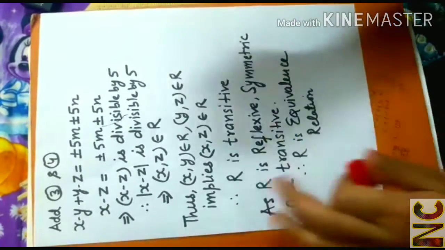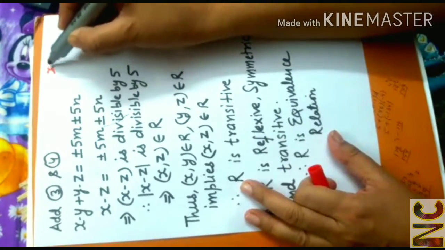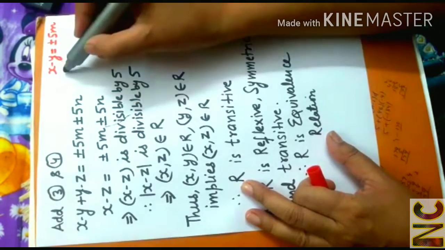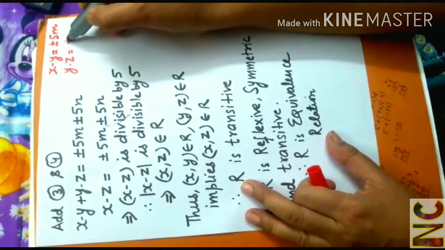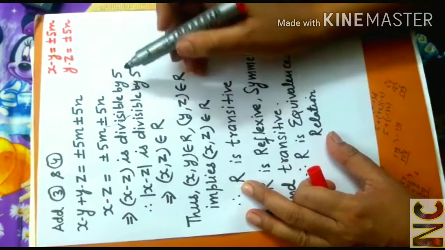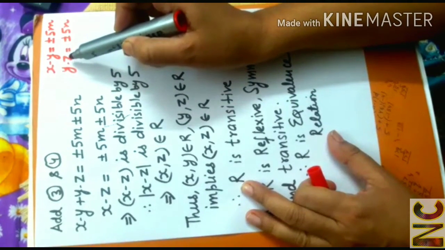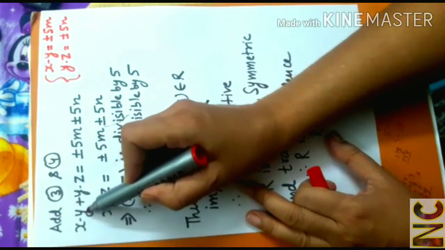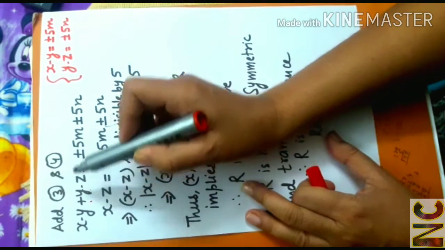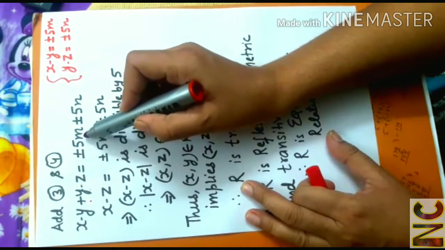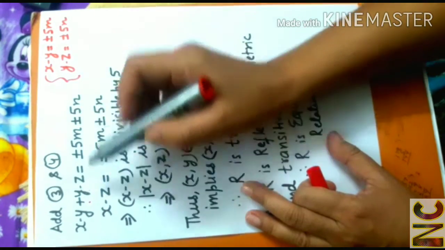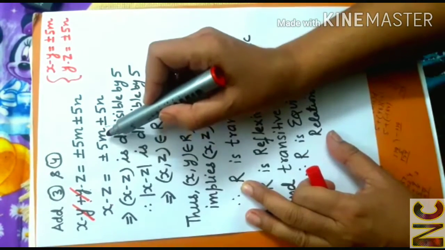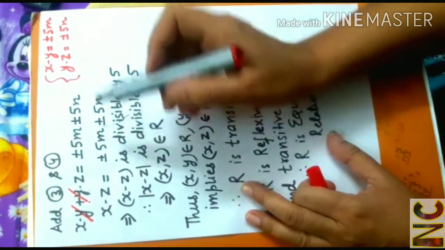So thus we have obtained that x minus y is equal to plus minus 5m and y minus z is plus minus 5n. I want x minus z. So what I do? I'll add these two equations. So I'll get x minus y plus y minus z is equal to plus minus 5m plus minus 5n. So I'll get x minus z is equal to plus minus 5m plus minus 5n.